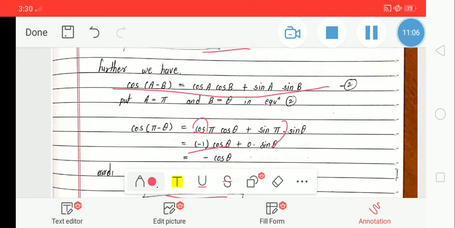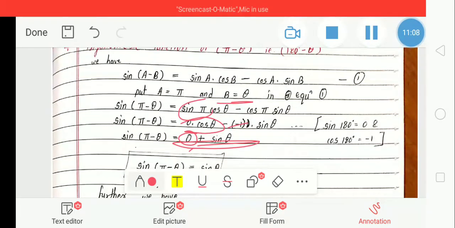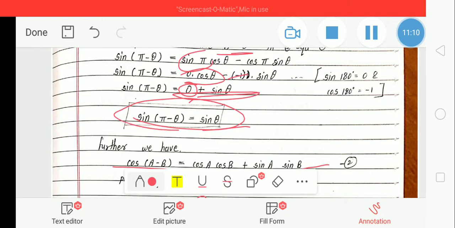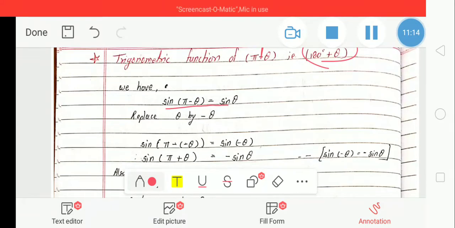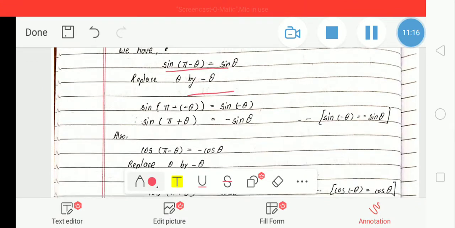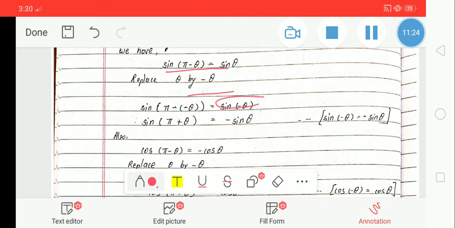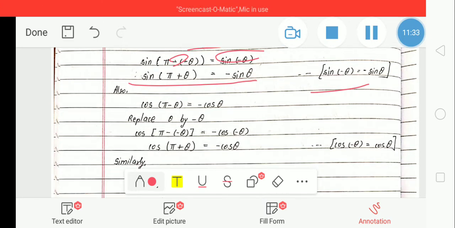We studied this above. We replace theta with minus theta. So sin(pi minus minus theta) is equal to sin(minus theta), and sin(minus theta) is minus sin theta. Here minus minus becomes plus. So sin(pi plus theta) is equal to minus sin theta.